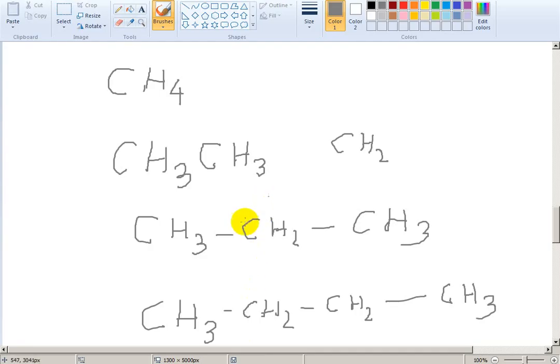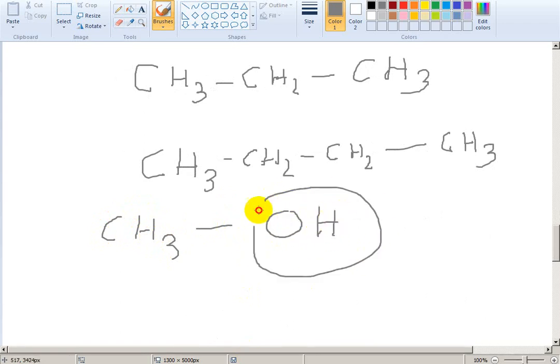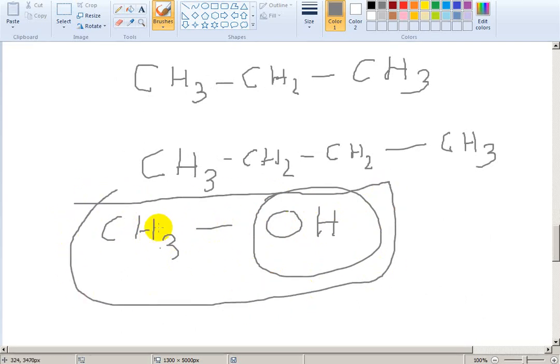Like this is a single bond responsible for the reaction, like this OH is the functional group. This OH is responsible for the characteristics of this compound, responsible for the reactions of the compound. This OH, hydroxyl, is the functional group of this compound.